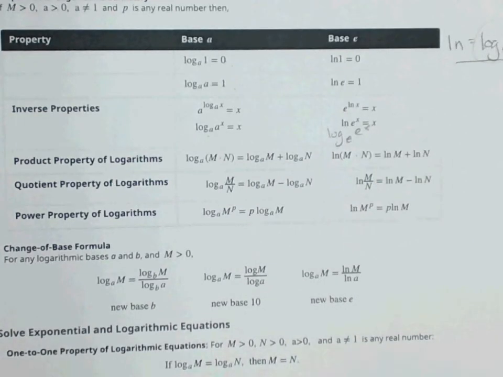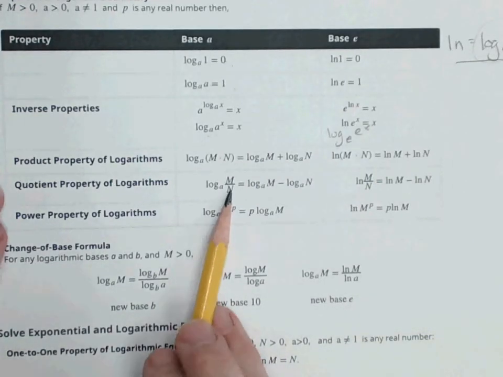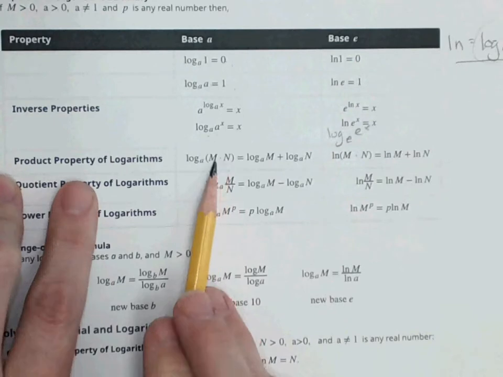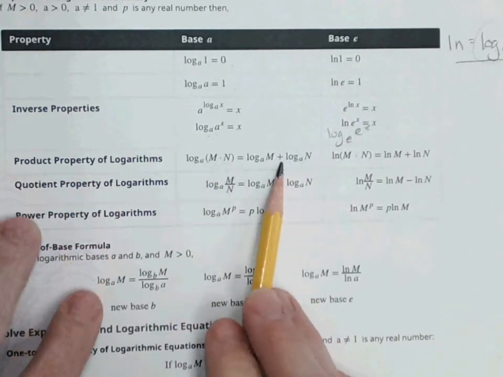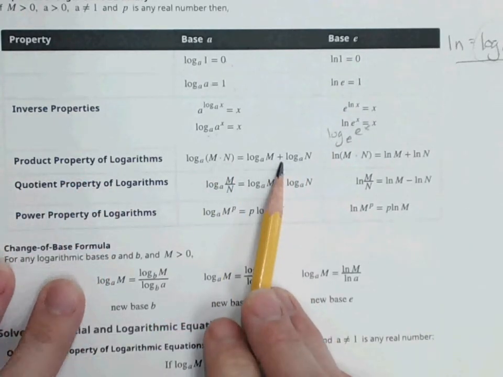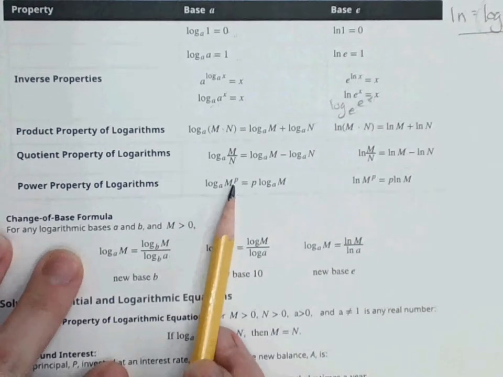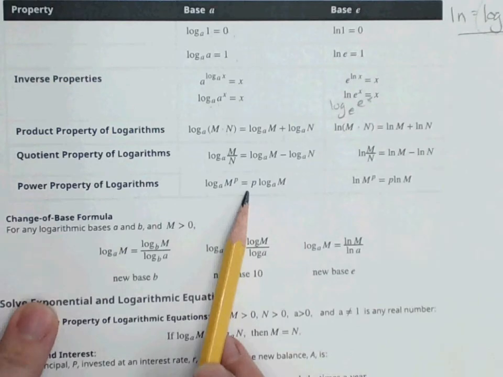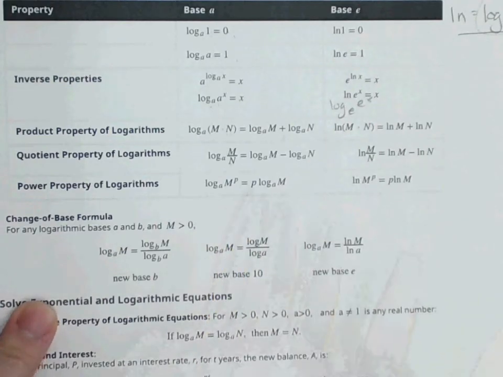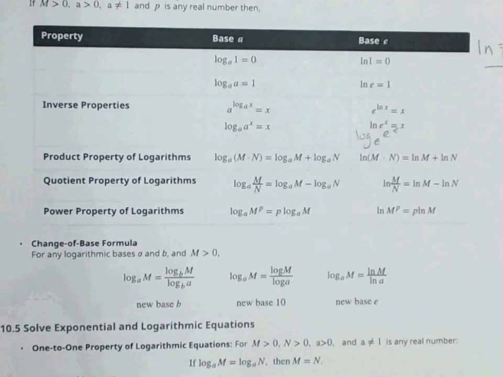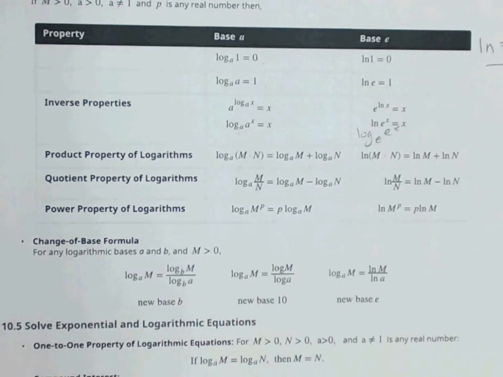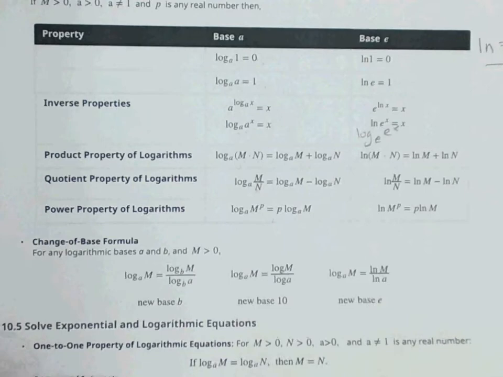That's the only difference. Here, you're looking at the product property. If I've got 2 things multiplied together, I can add those logs. If I've got division, I can subtract my logs. If I've got a power, I can bring that power down out in front. The problems that you would work on for things like this, well, I don't have them, but let me make one up.